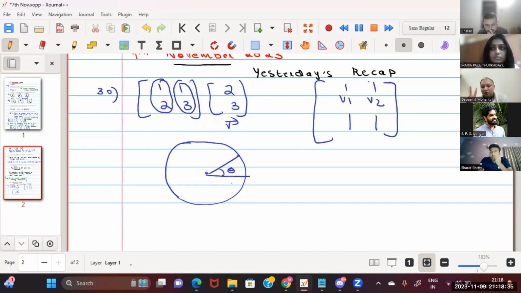But then there are two special cases. If we take a matrix where we don't want to change the magnitude, only change the direction, then that's a rotation, which is our current topic. The other special case is where the direction doesn't change, but only the magnitude changes. We have seen that in the eigenvalue, eigenvector conversation. I was not there, but I think it was covered by sir in an earlier session, right?